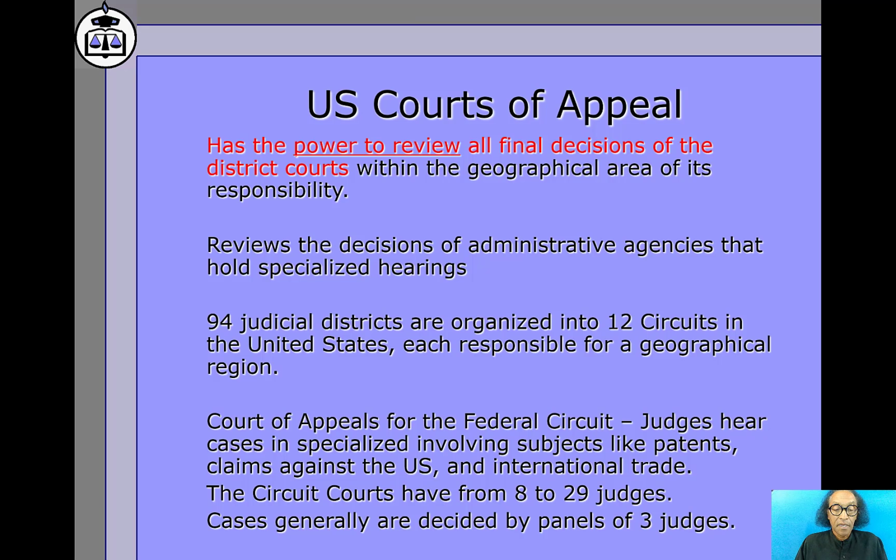Usually appellate courts sit in panels of 3 judges and issue opinions. Only rarely do they sit en banc, which means they all sit and decide a case if it's extremely important or raises a new issue of significance.